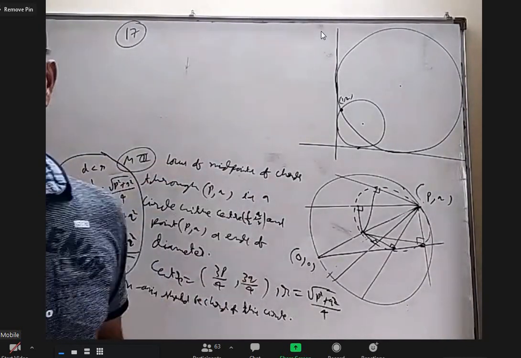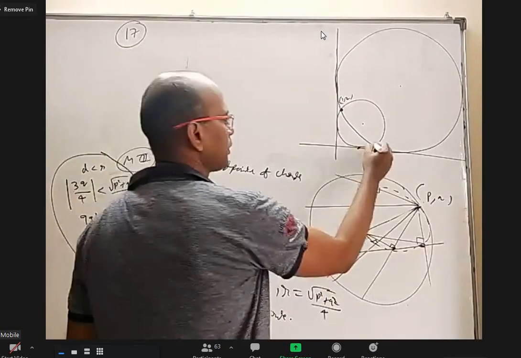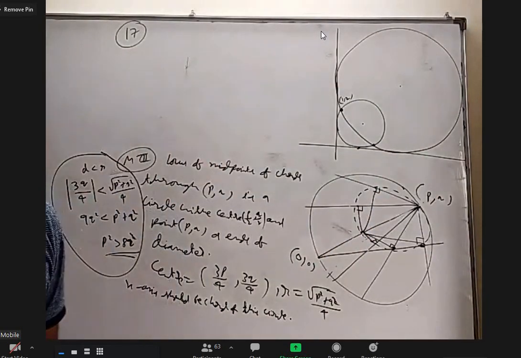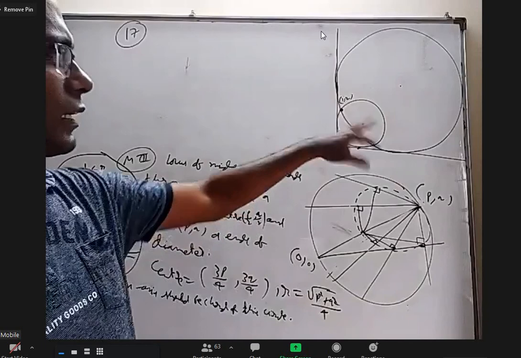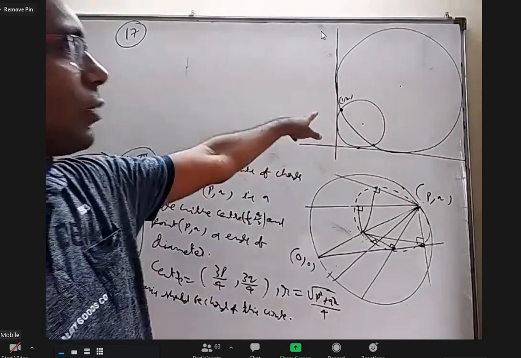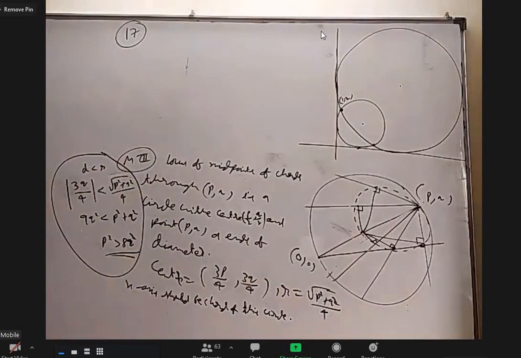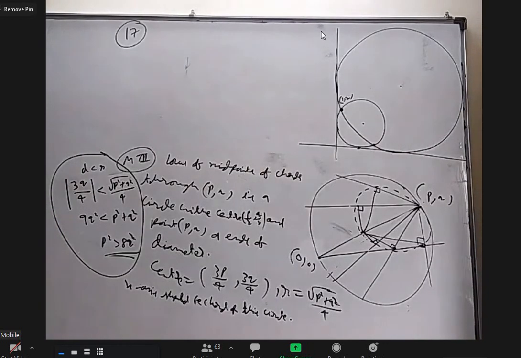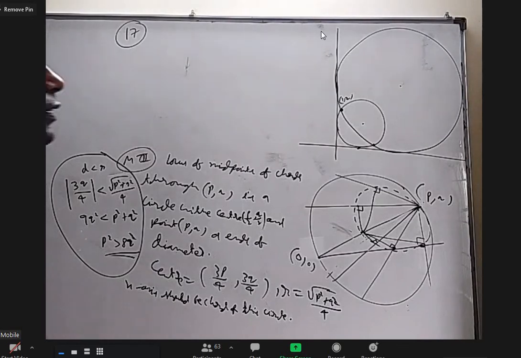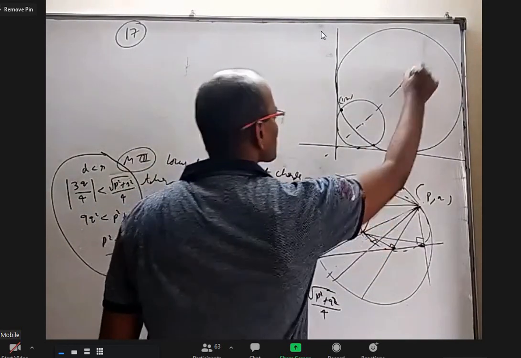Apart from doing this question, anyone want to guess what the other point will be? The two circles are intersecting at 2 points. One point is 1 comma 2. What will the other point be? 2 comma 1, sir. Why 2 comma 1? No, sir, those two should be symmetric with respect to y equal to x.